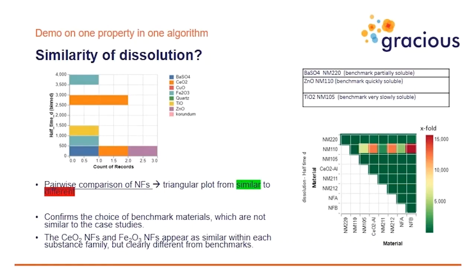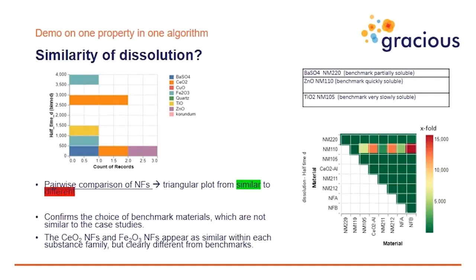We have the pairwise similarity matrix, where each cell represents the similarity value between a pair of materials. For example, zinc oxide NM110 and titanium dioxide NM105, two types of cerium oxide, and then barium sulfate and two iron oxides.